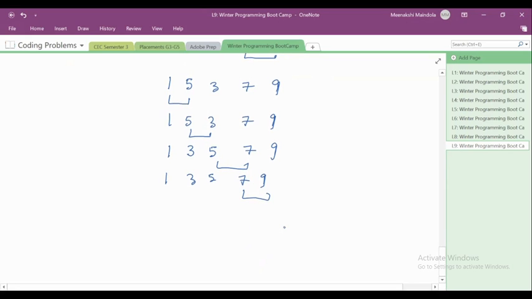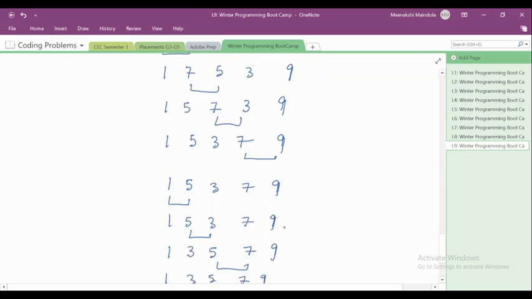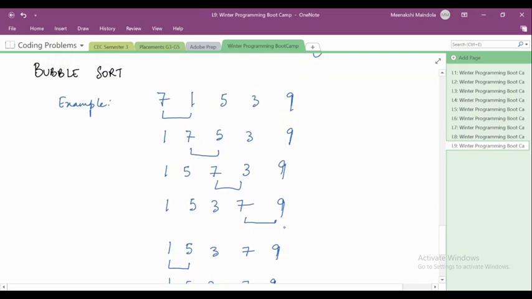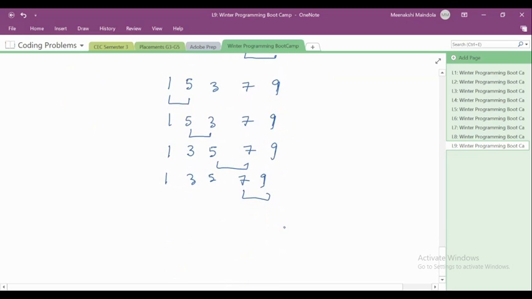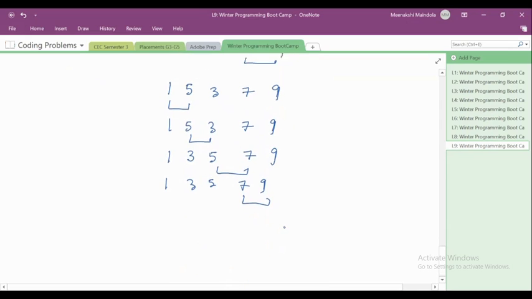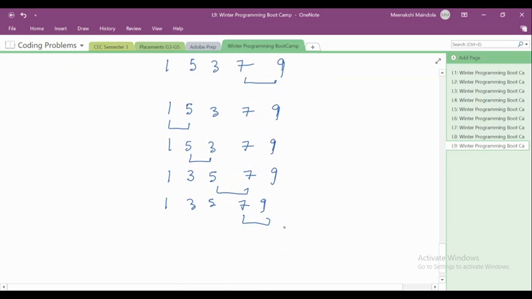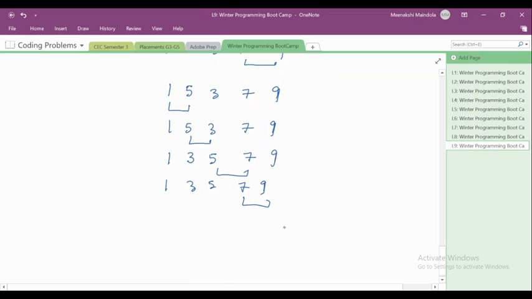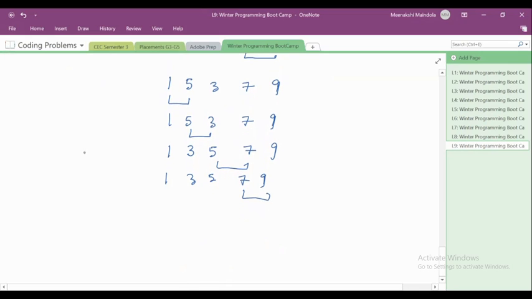You have already implemented bubble sort a lot of times, so I don't think you require looking at the pseudocode, and if it is required then you can post that in the group. I am going to write down the pseudocode as well, but I don't think it is required since it is very easy.